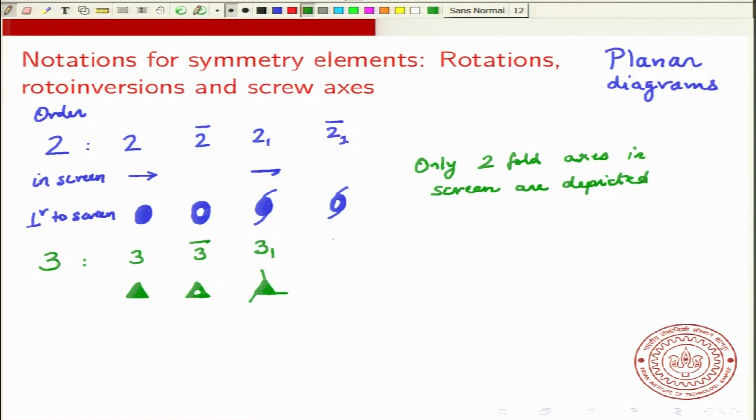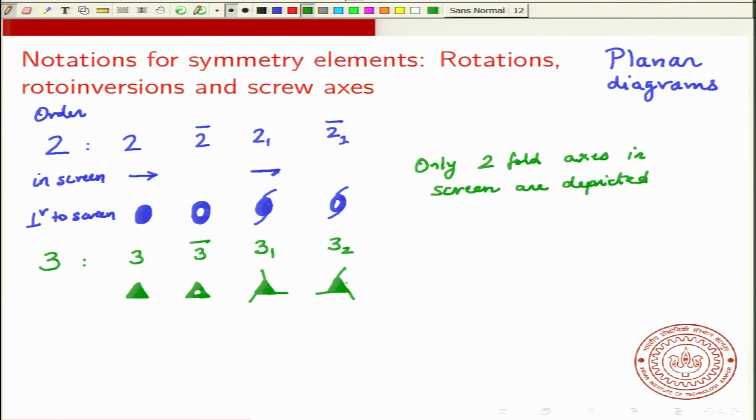If you have a 3 sub 2, it is like rotation by minus 60 degrees and translation by 1/3, or you can say rotation by 60 degrees and translation by 2/3, and this will show it. So it's just that the lines are in the opposite sense.